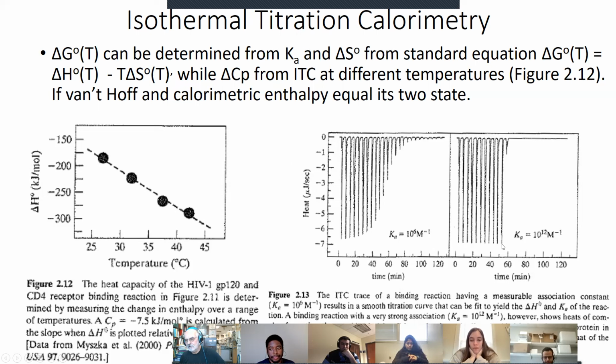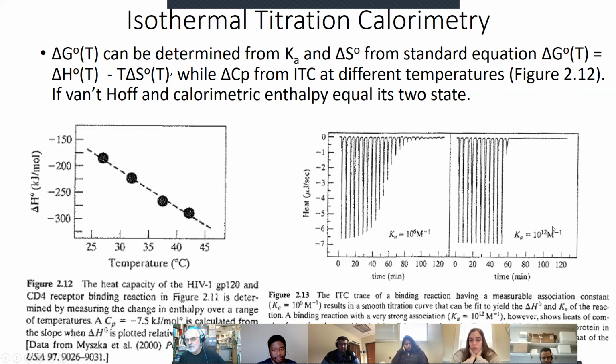And once you've saturated all the sites, there's nothing left. And so you get a curve that sort of looks like this. Each step gives you an estimate of the enthalpy, but you can't really get a K out of this because it's not a gradual curve that you can use the methodology in the preceding slides to solve. So this type of reaction is impossible, quote unquote.